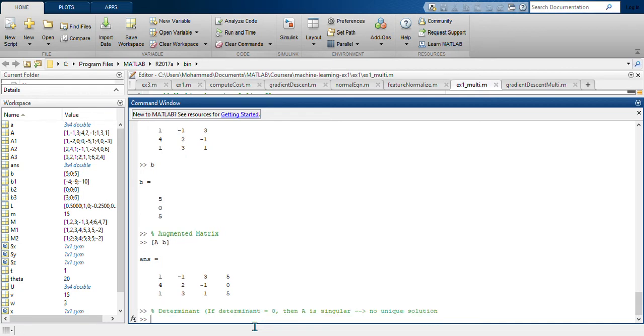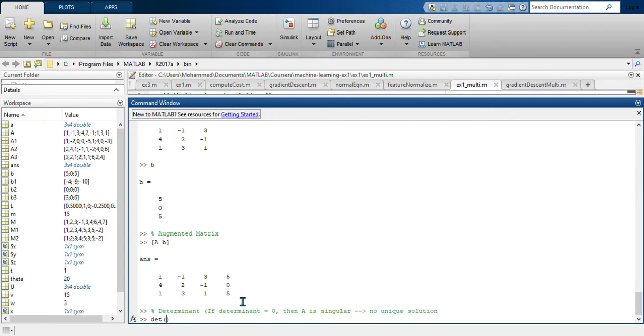So let's see now how we can use MATLAB to compute the determinant of a matrix. The command in MATLAB to compute the determinant is det. We just need to type det, and then inside rounded brackets, enter the variable name of the matrix.